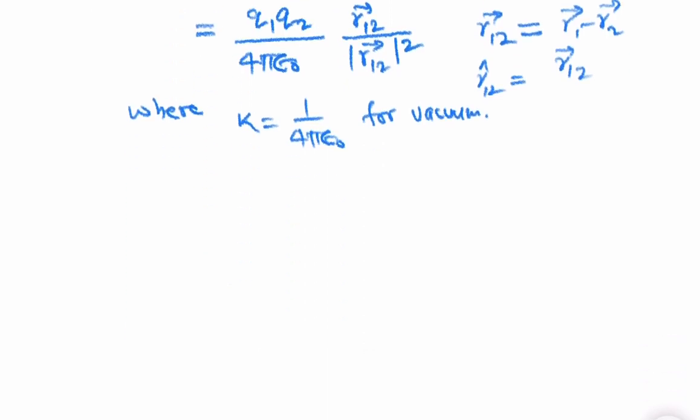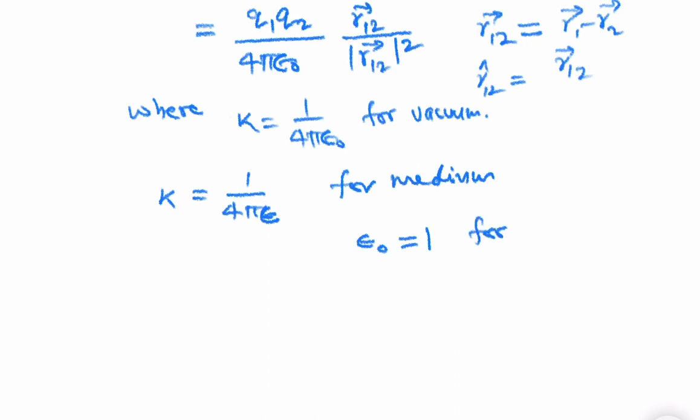If the system is in a medium, then K will be equal to 1 by 4 pi epsilon for medium, where epsilon naught is for vacuum or air.